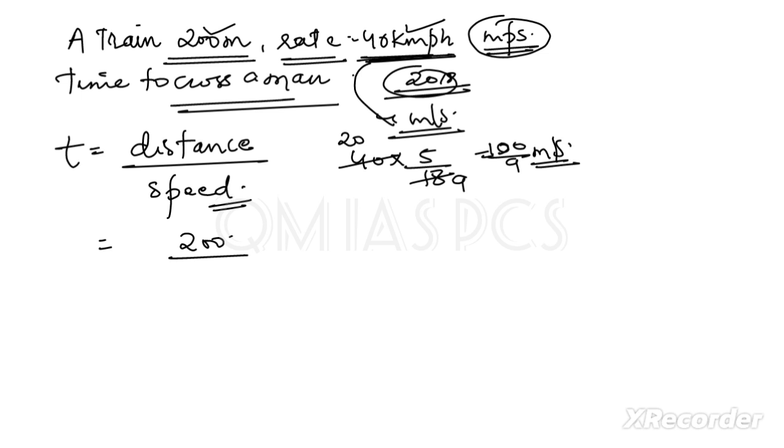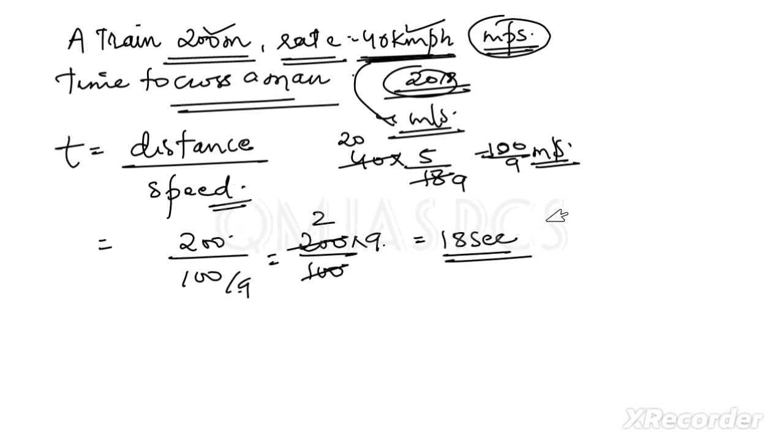But listen, length is also a distance. So it will be 200 divided by 100 by 9, and this 9 will go in the numerator. Now it will be 2 multiplied by 9, that is 18 seconds. So after 18 seconds that train will pass that man.